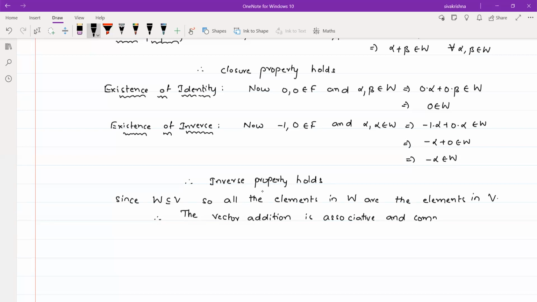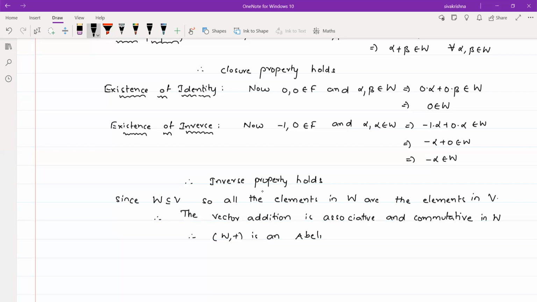It means that both associative and commutative properties hold under addition in W. Therefore, we can write W comma plus is an abelian group.